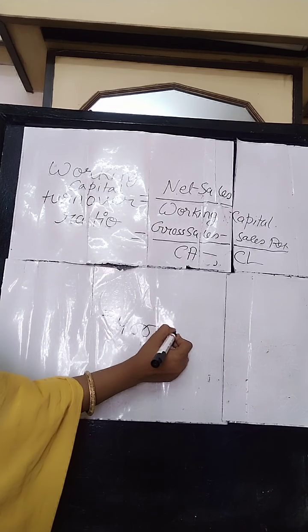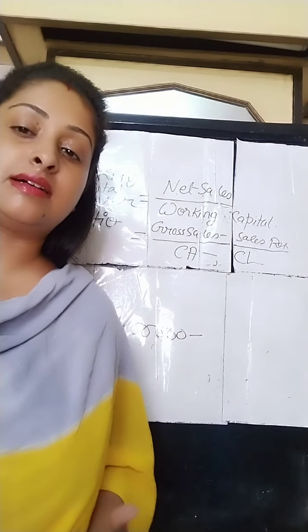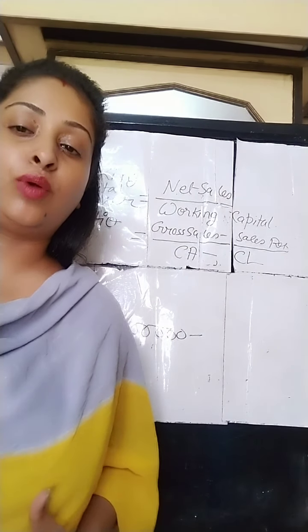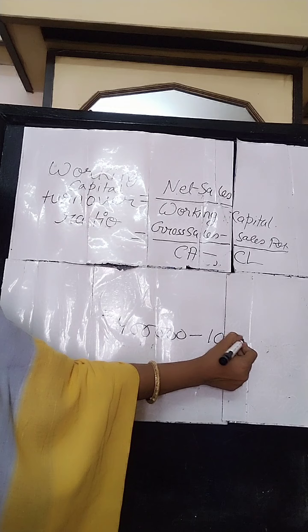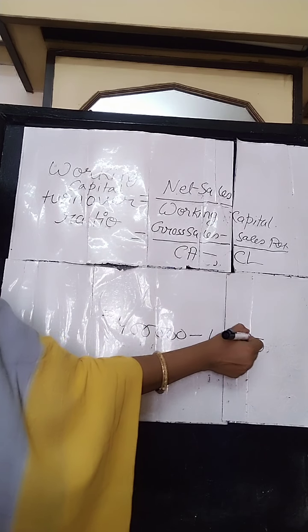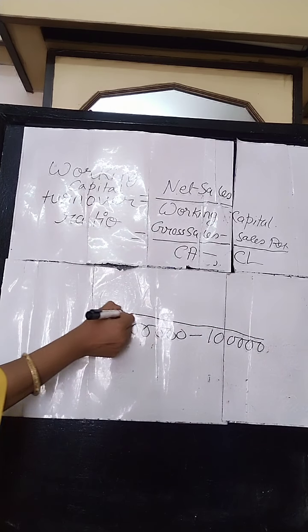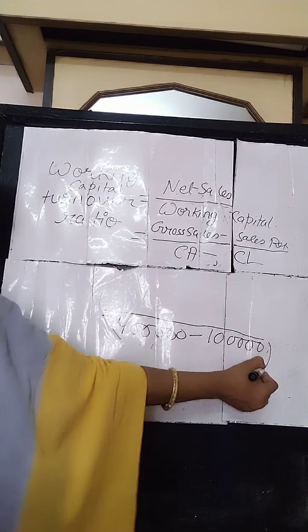And current liabilities like bank overdraft, bills payable, outstanding expenses, creditors, if you add up, you are getting rupees 1 lakh. So current asset minus current liability, 4 lakh minus 1 lakh. This is working capital.